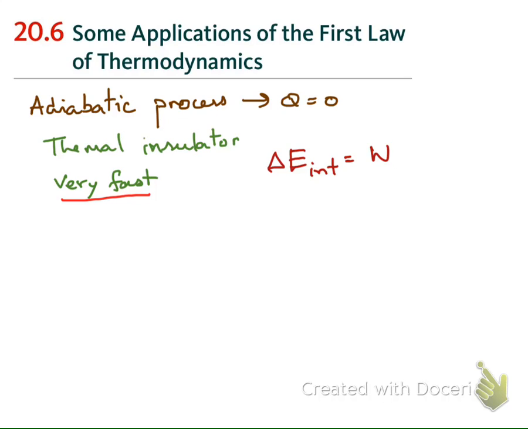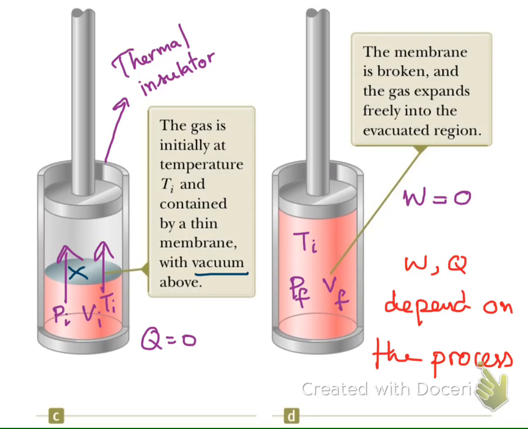If there is no work on the system, for example, in this process, the cylinder here is made from a thermal insulator, and we have Q equal to 0, so we have an adiabatic process. And here, when we break the membrane, the gas expands freely.